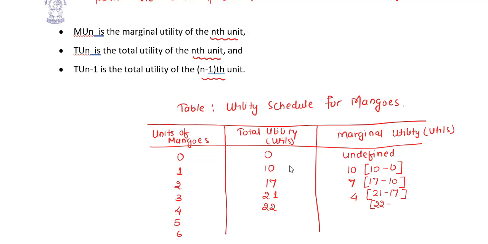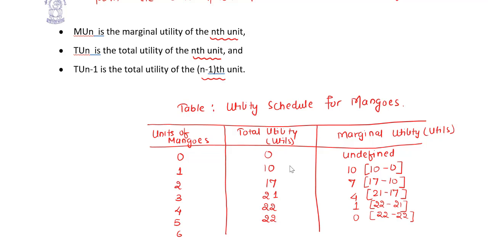So it would be 22 minus 21, and the marginal utility will be 1 unit. You consumed one more mango, but you didn't get any utility. That means the marginal utility is 0, 22 minus 22.